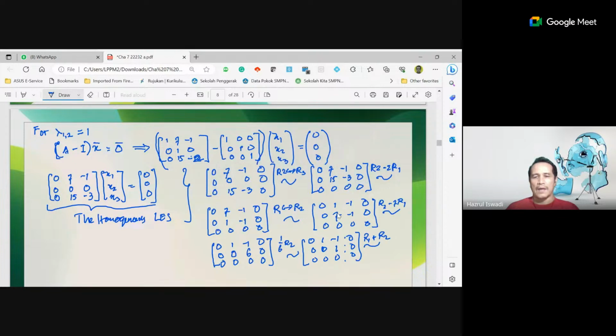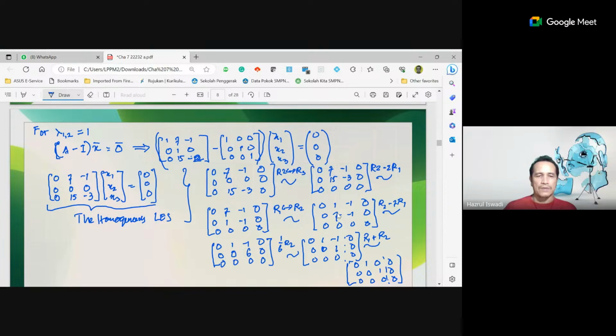We have the final result: 0 1 0 0, 0 0 1 0, 0 0 0 0. Okay. We stop here because we already have a reduced row echelon matrix.